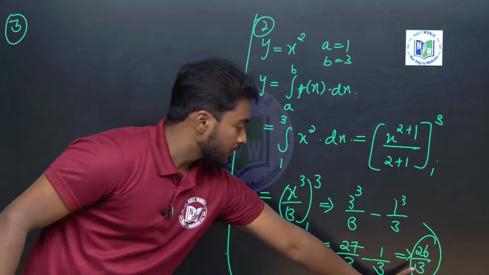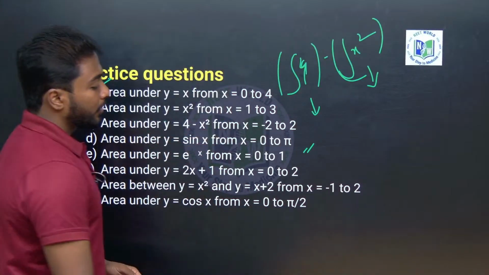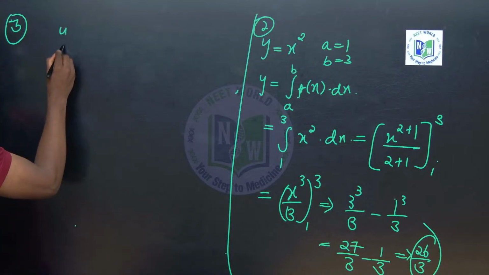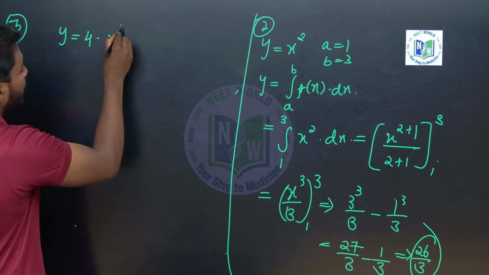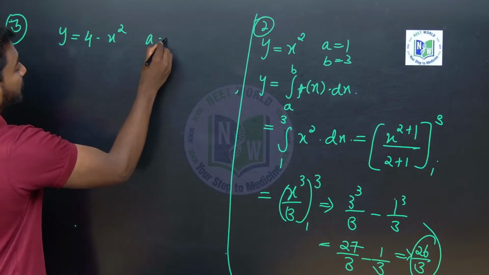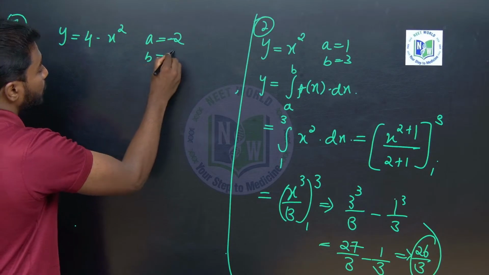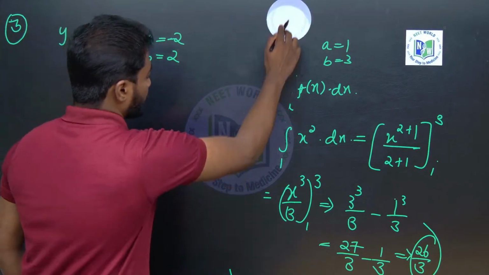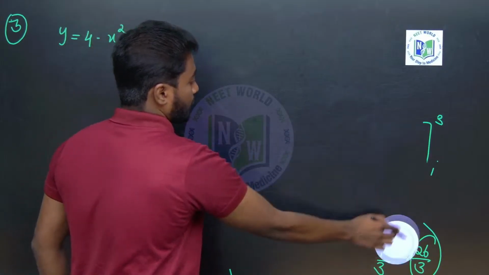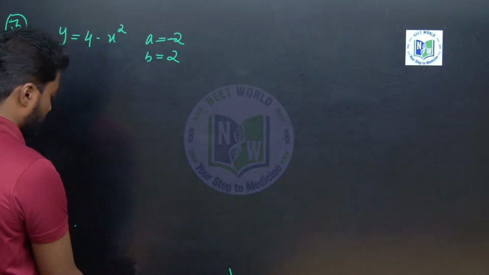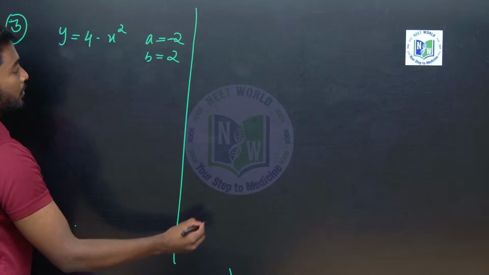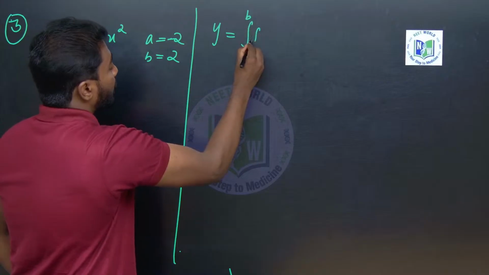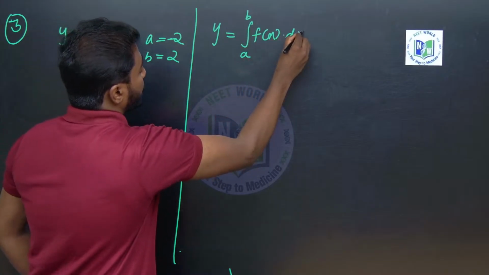So the question is 4 minus x square from minus 2 to 2. Y is equal to 4 minus x square. Limits are a is equal to minus 2, b is equal to 2. So y is equal to the integral of a to b f of x dx.